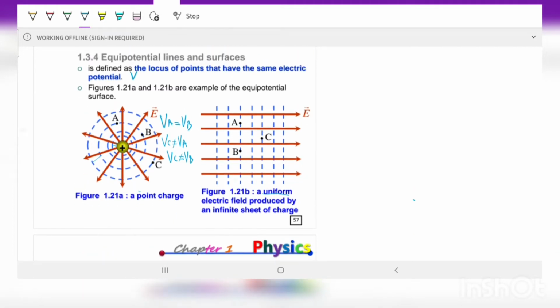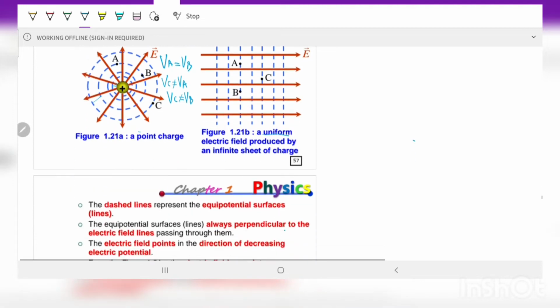Dan untuk point charge, sekiranya dalam uniform charge, kalau uniform charge tak ada masalah lah, sebab nama pun uniform electric field. So dia punya equipotential pun sama nilainya, so VA sama dengan VB sama dengan VC.